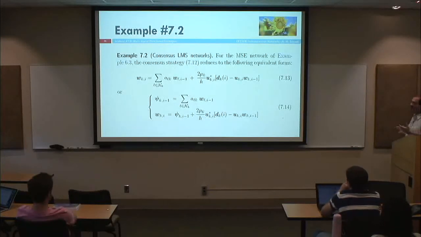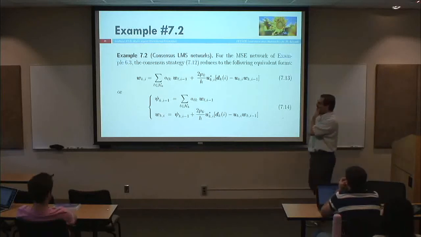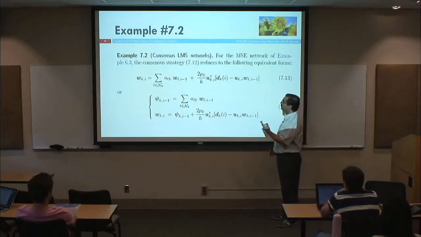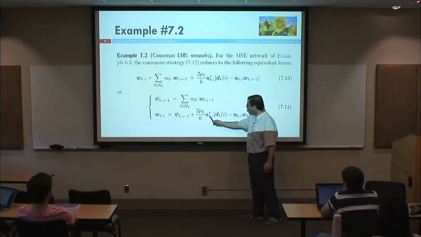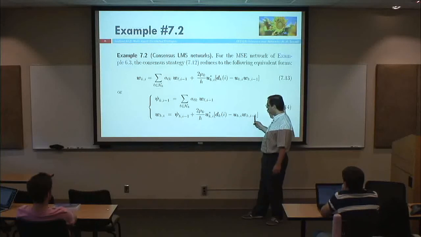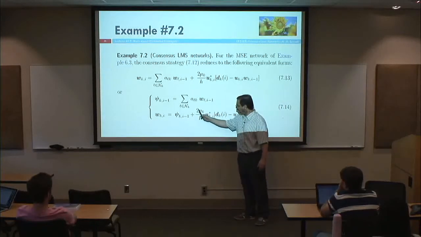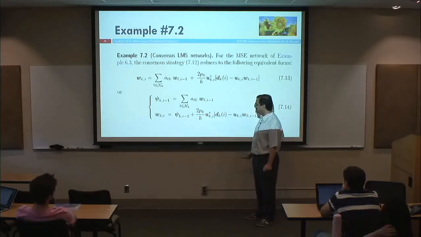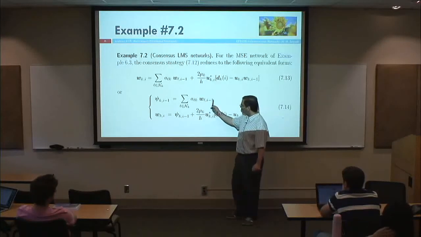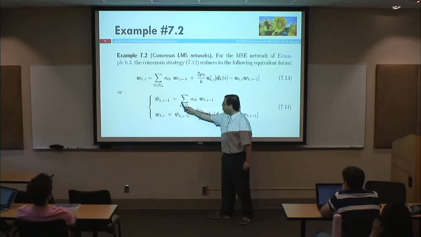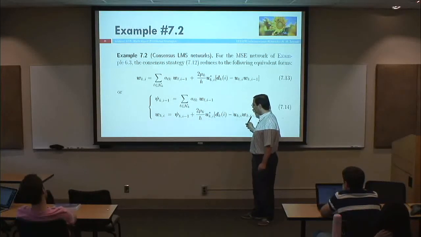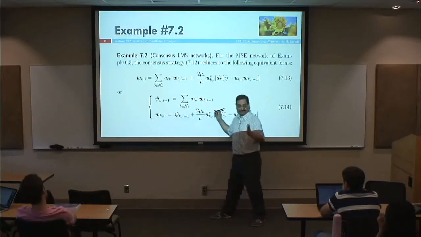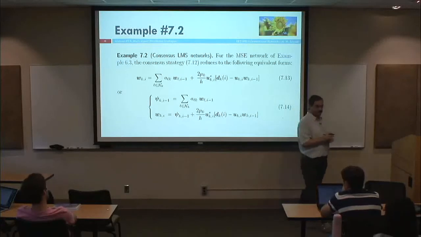Now, if you specialize this to mean square error networks, the approximate gradient, here it is, is u times the difference. And then you have 2 over h, depending on whether you have real data or complex data. So you compute the intermediate estimate from your neighbors, and then you correct it by the approximate gradient. That's what each one of them is doing. You understand?